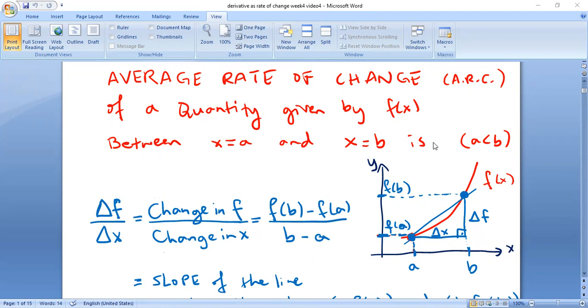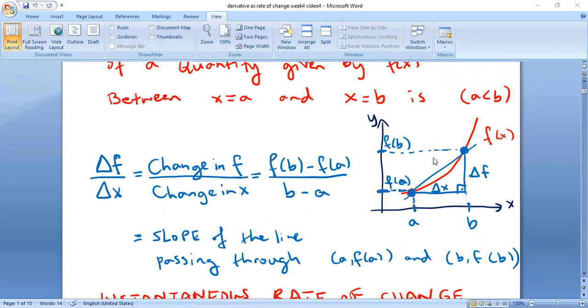When you look at the graph of the function, this average rate of change expression between a and b also corresponds to the slope of the line connecting the points (a, f of a) and (b, f of b), which are both on the graph of the function f of x. So if we just take two points, the slope of the line connecting them also means the average rate of change of f between a and b.